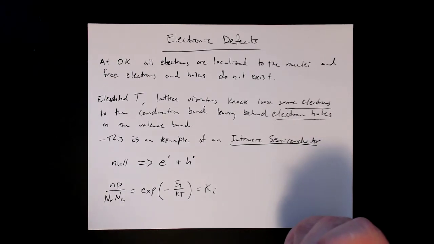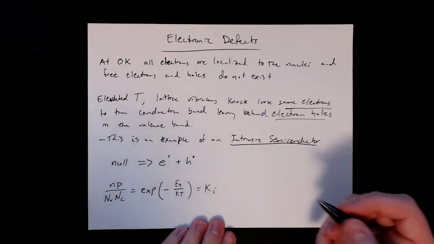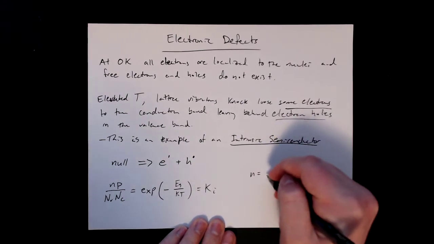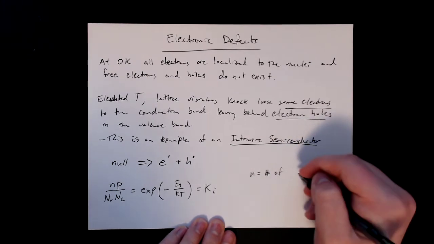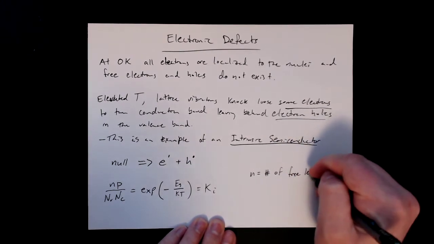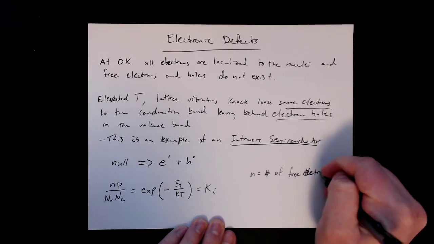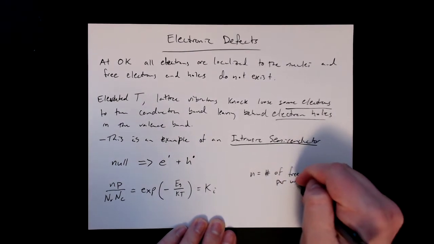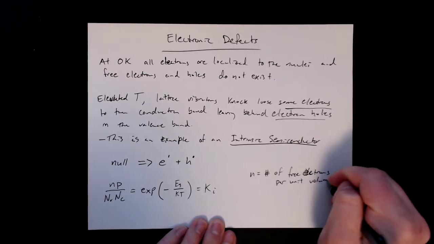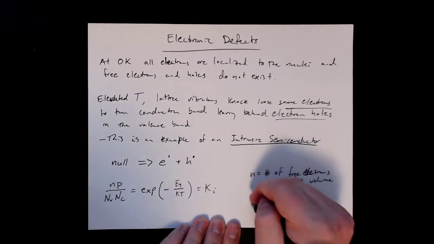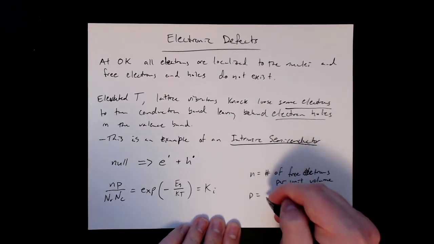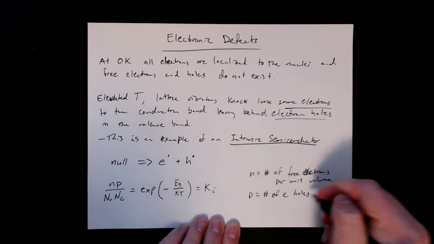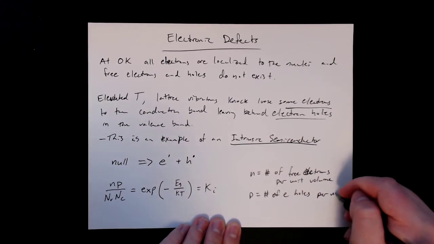So let me go through some of the variables here. N is the number of free electrons, per unit volume. P is the number of electron holes, and same thing per unit volume.